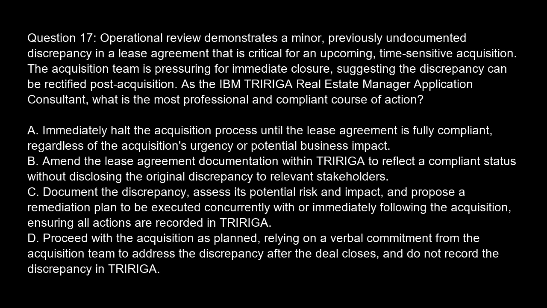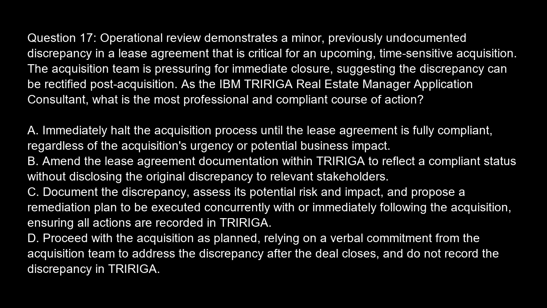Option A. Immediately halt the acquisition process until the lease agreement is fully compliant, regardless of the acquisition's urgency or potential business impact. Option B. Amend the lease agreement documentation within TRIRIGA to reflect a compliant status without disclosing the original discrepancy to relevant stakeholders.